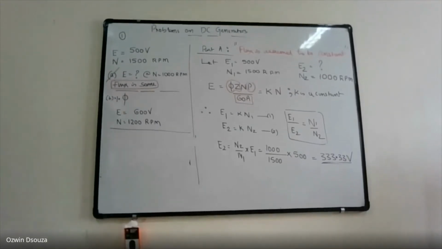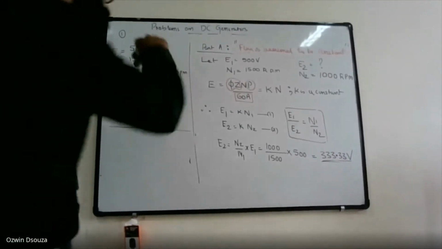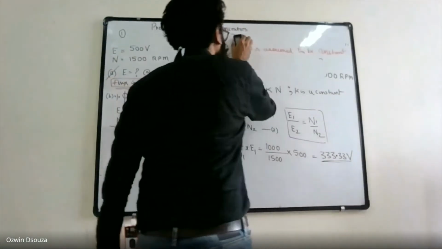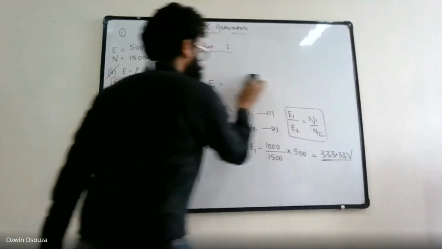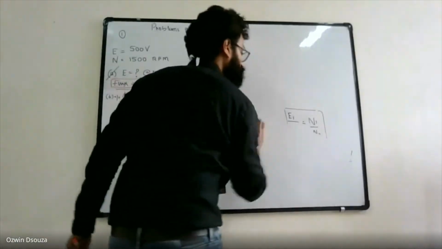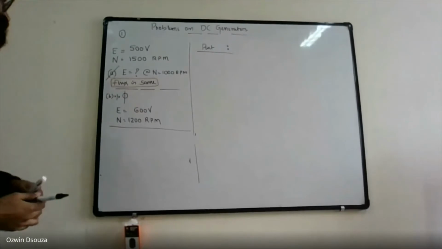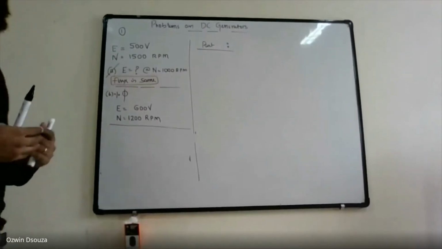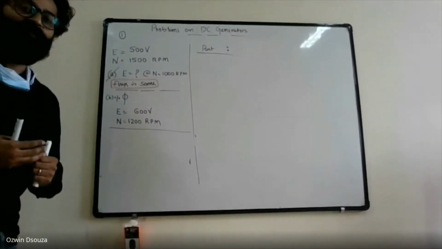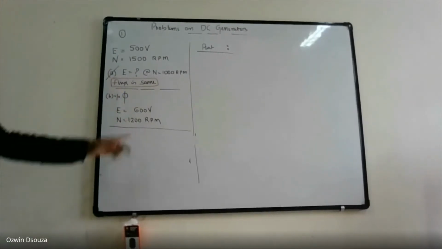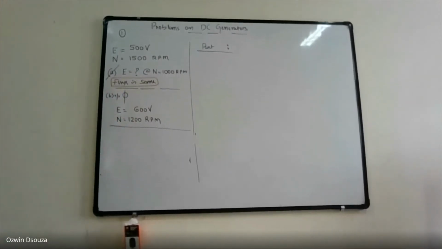All right. Now let us try to solve the second part of the problem. So in the second part, what is that we should find? We should find the percentage increment in flux in order to get a voltage of 600 volts at a speed of 1500 RPM.